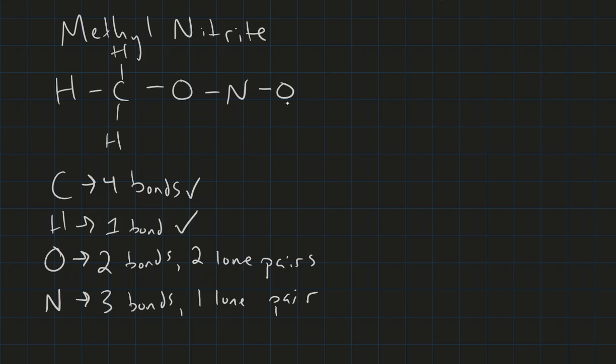So let's start over here with this ending oxygen. And let's throw in another bond. So that means oxygen is going to have 2 bonds. Throw in its lone pairs, and we're done with that. Now nitrogen, coincidentally, has its 3 bonds it's supposed to have. We can just throw in a lone pair here. And then oxygen is supposed to have 2 bonds and 2 lone pairs. Boom. So let's check out the formal charge of our oxygens. Let's do oxygen number 1 first.